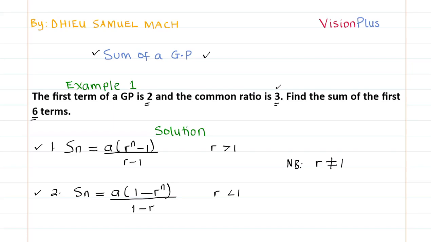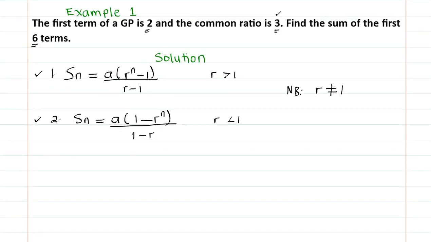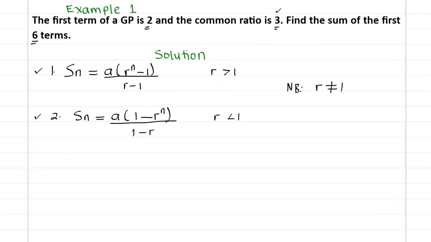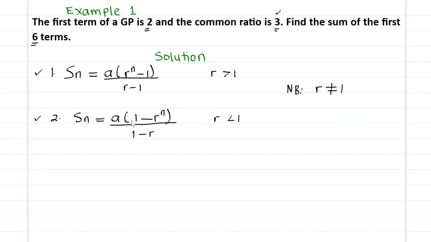Now let us go to this question and see how we can apply either of the formulas that we have stated. So our solution, let us collect the given information. We are given the first term A as 2, you note it down. We are given the common ratio R as 3.